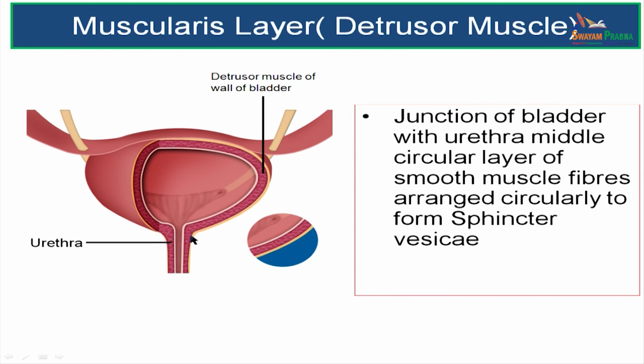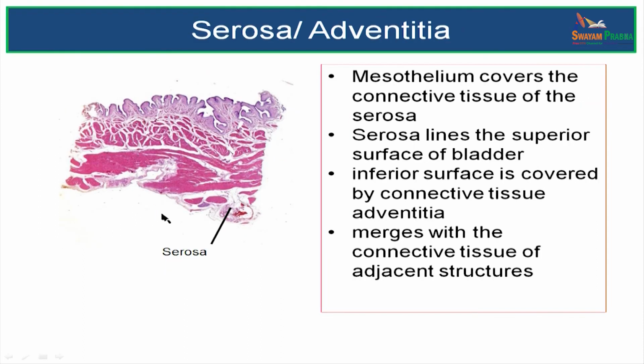They form what is called the sphincter vesicae at the internal urethral orifice. The last layer, or the outermost layer, is serosa or adventitia. Please note, serosa lines the superior surface of the bladder, while the inferior surface is covered only with connective tissue, that is called adventitia.